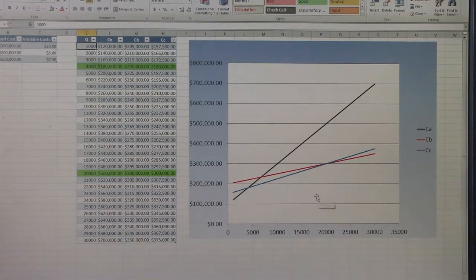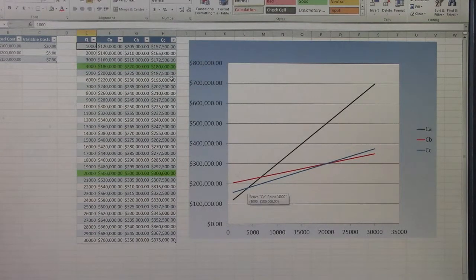So with this then we can see that when we're dealing with minimum cost, alternative A has the minimum cost through this point of intersection here. So from 0 units to this point, the first alternative represents the least cost.